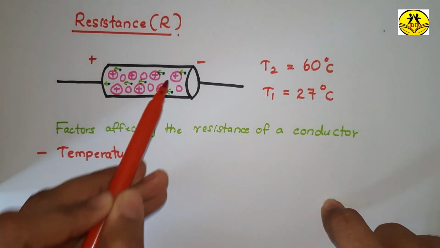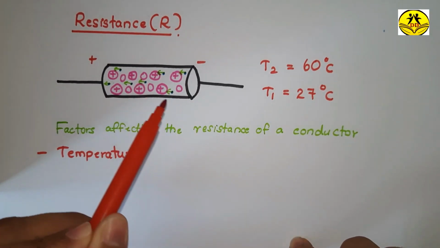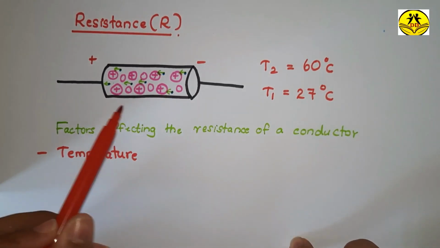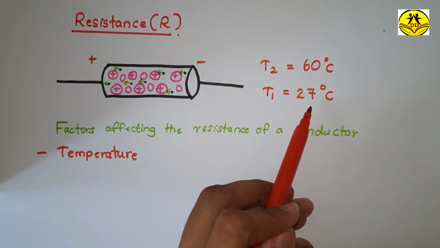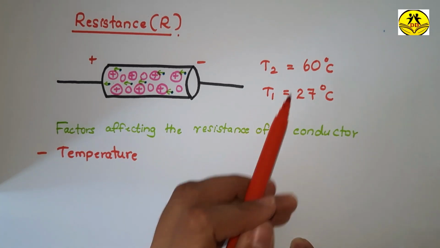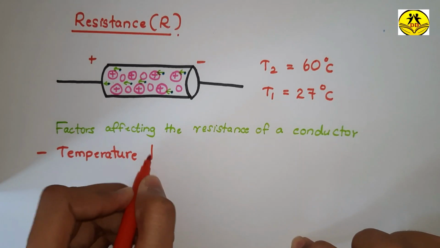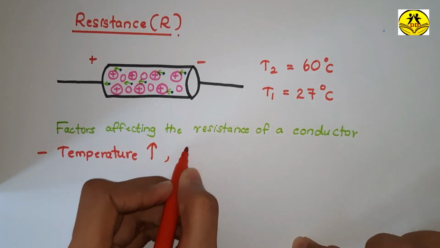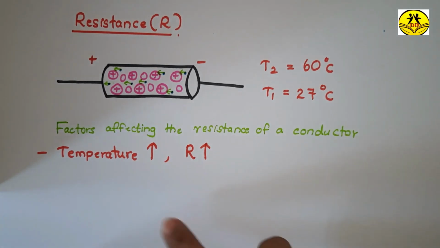Since they have greater energy, they move faster, so the obstruction for them is increased at higher temperatures, not like at room temperature or a lower temperature. So when the temperature increases, the resistance of a conductor increases.